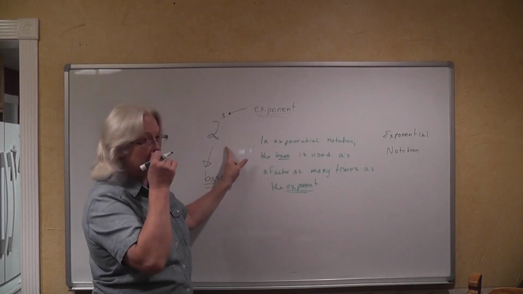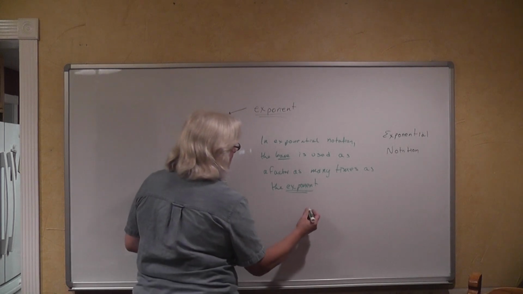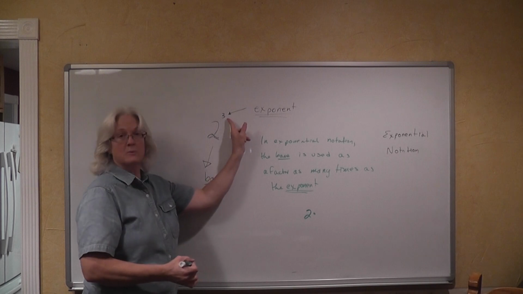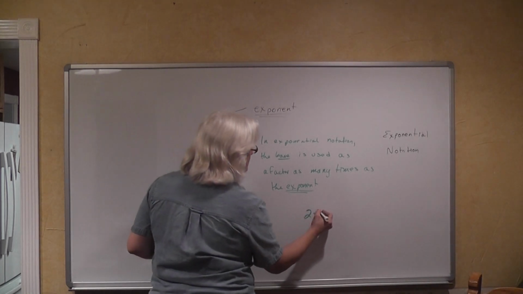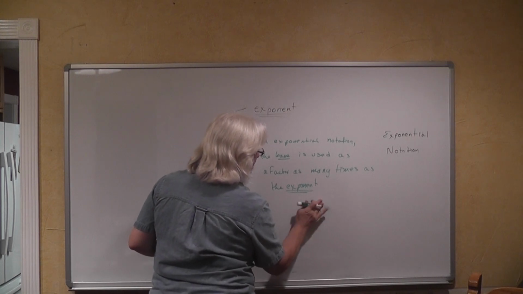This exponential notation, if we want to make this work out, we're going to take the base and use it as a factor as many times as that exponent is. 2 with a little 3 says use 2 as a factor 3 times.